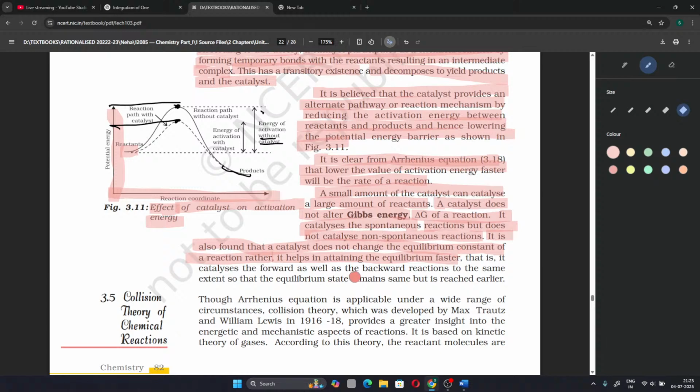Catalyst does not alter the equilibrium constant, it just makes the reaction attain equilibrium faster. That is, it catalyzes the forward as well as the backward reactions to the same extent, so the equilibrium state remains the same but is reached earlier. This is the point to be remembered.